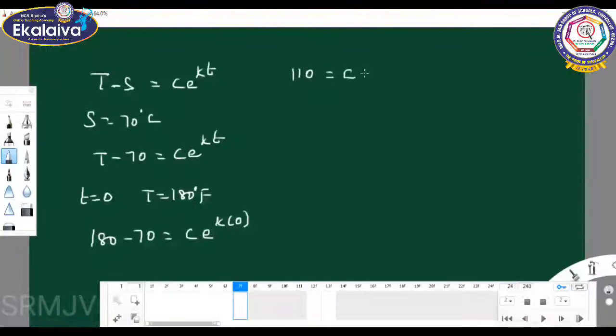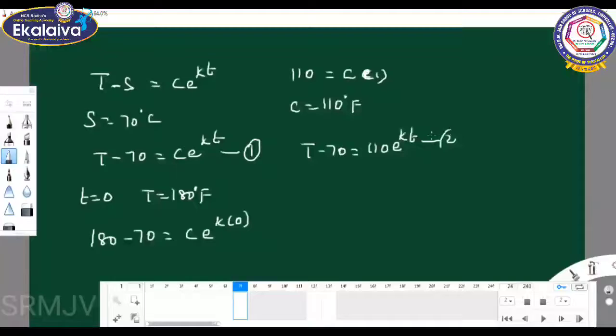So 110 equal to C e power 0, and e power 0 value is 1. Therefore, C equal to 110 degrees Fahrenheit. Substitute in this equation: T minus 70 equal to 110 e power kt. You can take it as the second equation.